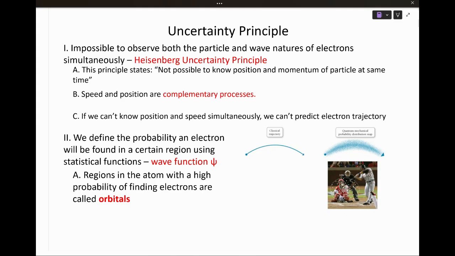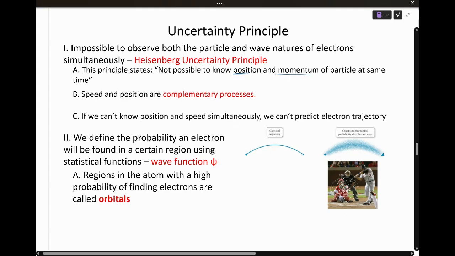And so in different terms, it states it's not possible to know the position and momentum of a particle at the same time. And these two components, the position and the momentum, we're going to look at momentum and break it down into speed. They're complementary properties.